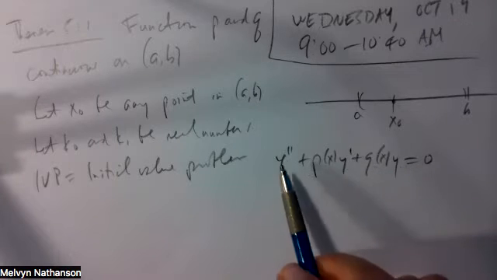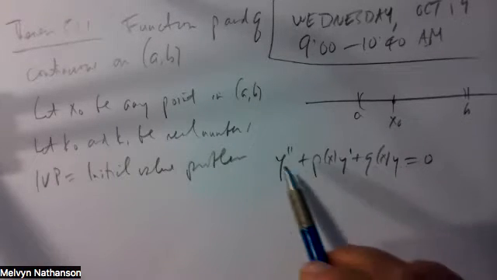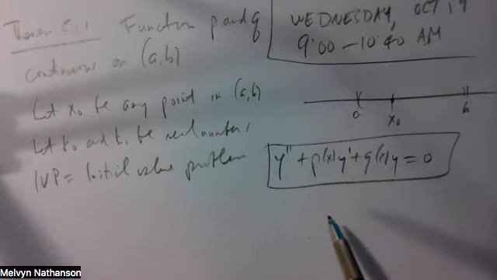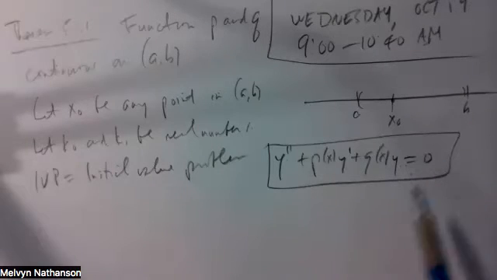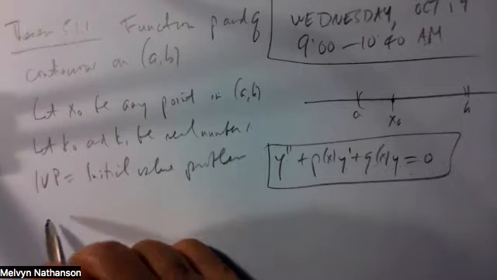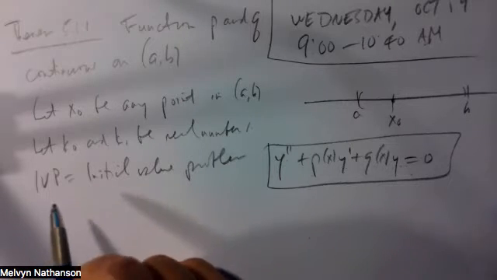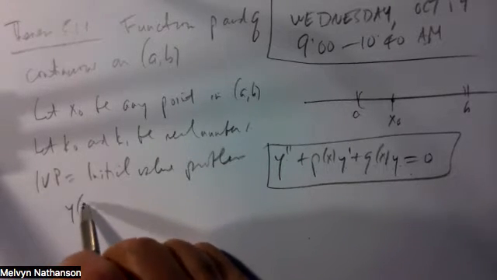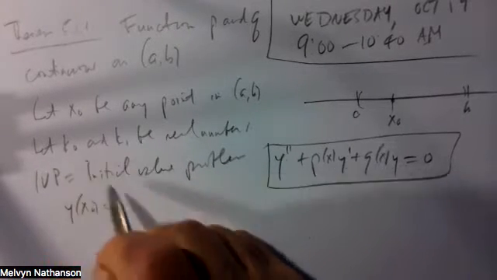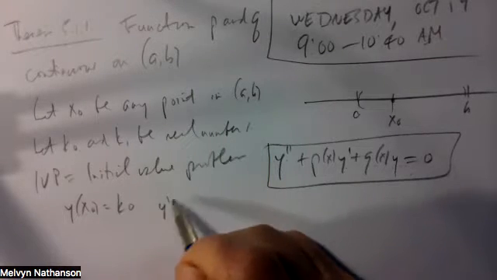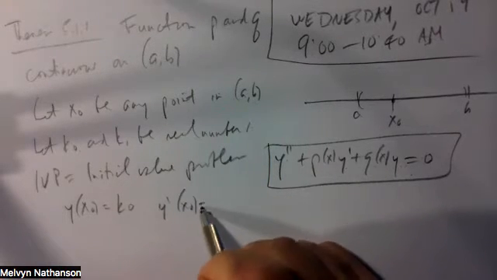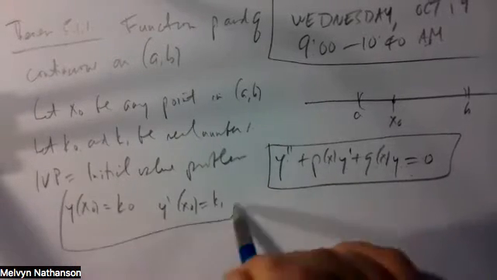The y prime and y double prime stand alone. So this differential equation is a linear second order homogeneous equation, and we want to find the solution which satisfies the initial condition that y at x naught is equal to the number k naught, and y prime of x naught is equal to the number k1.